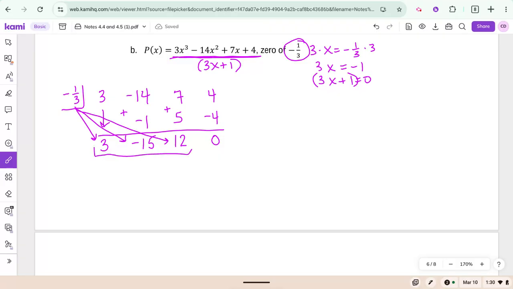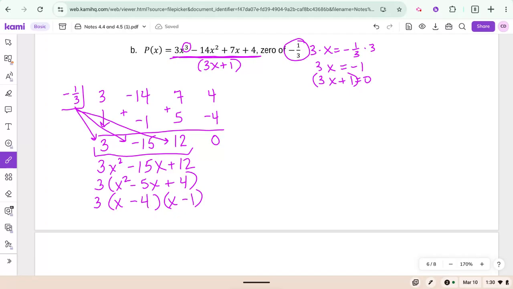So take these remaining numbers. Since we started with an x to the third, this is going to start with 1 less, x squared, minus 15x plus 12. Now I can factor this. First, I'll factor out a 3, since 3 is a common factor to all 3 terms. Then I can factor this even further. 2 things that multiply to be positive 4 that add to be negative 5 are negative 4 and negative 1.